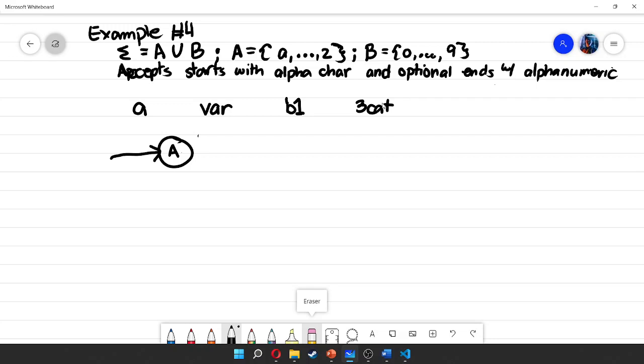So, let's just say these are our input strings. First, what if the first thing we read is an alphabet? Is it possible that our input string is valid? Yes, sir.